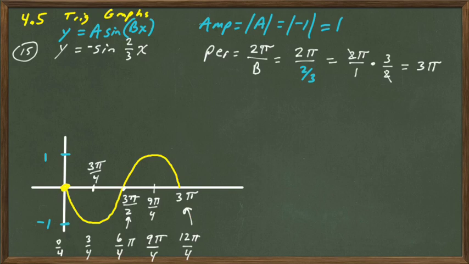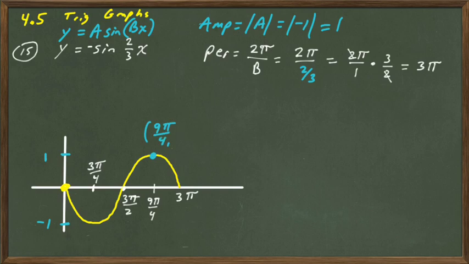So you counted by 3/4 pi, which can be challenging. Now, once I have that, I should be able to label my extremas. What is this maximum here? It would be 9 pi over 4 comma 1, and this minimum would be 3 pi over 4 comma -1.